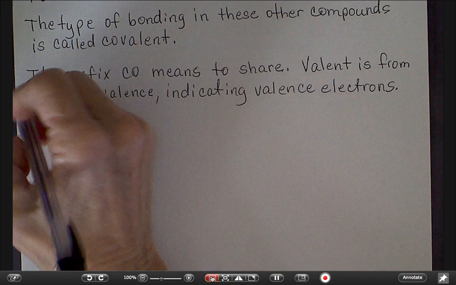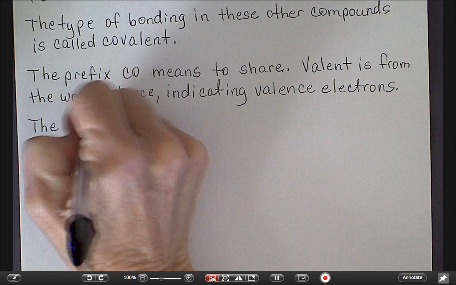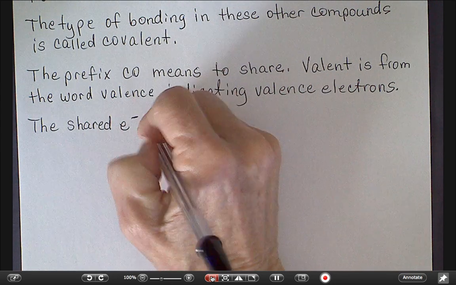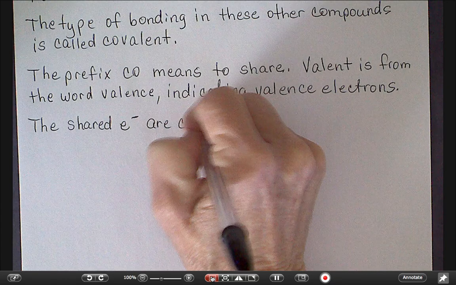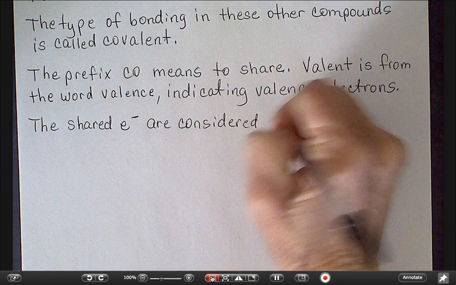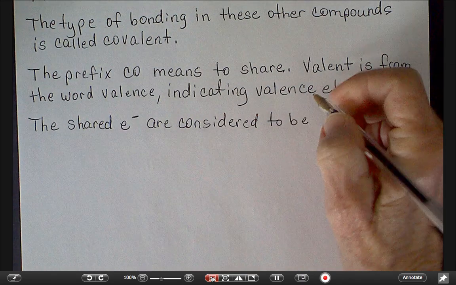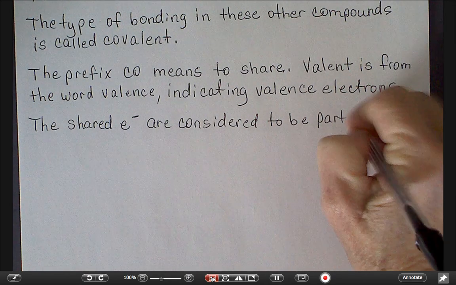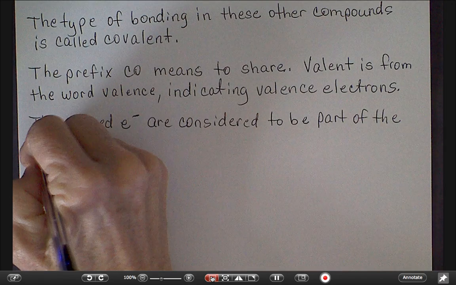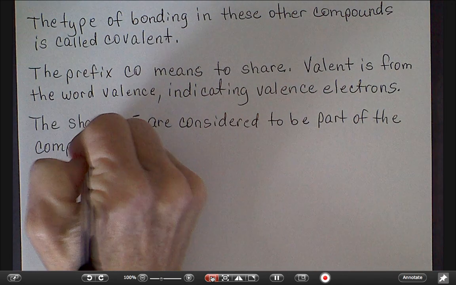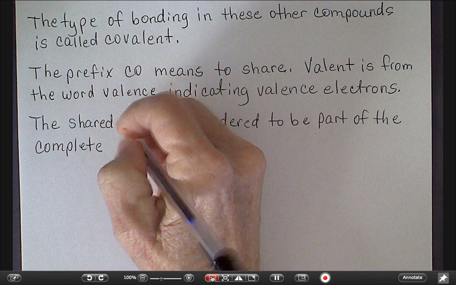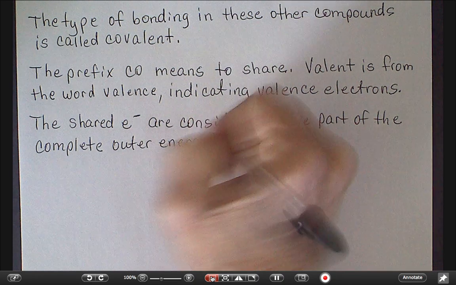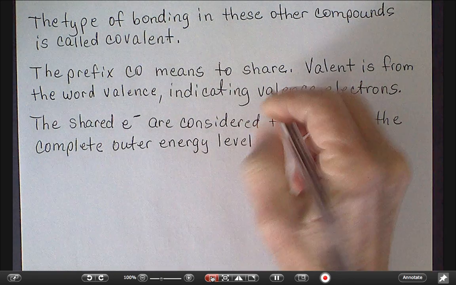The shared electrons are considered to be part of the complete outer energy level of both atoms.